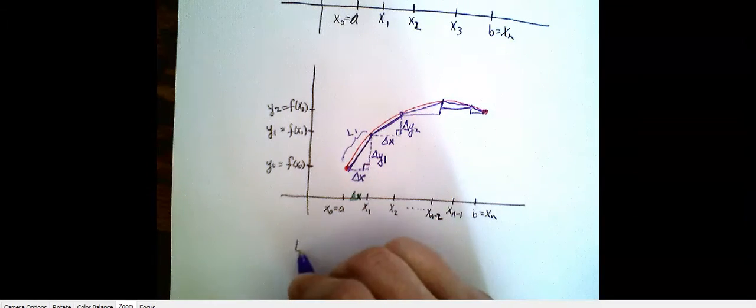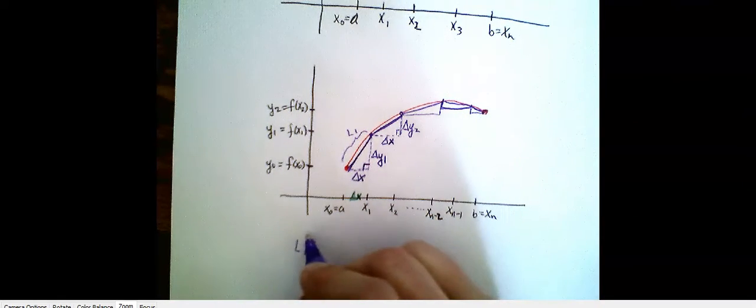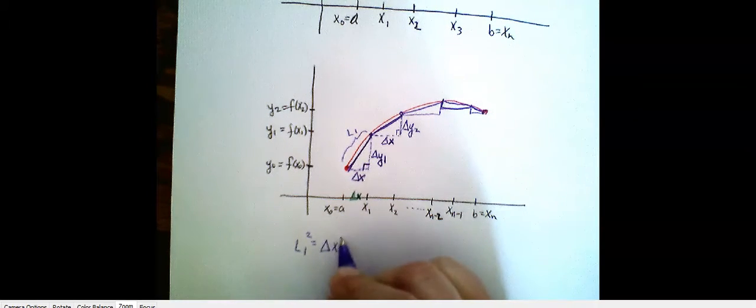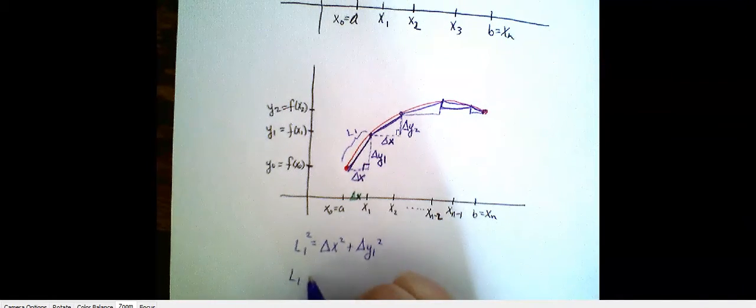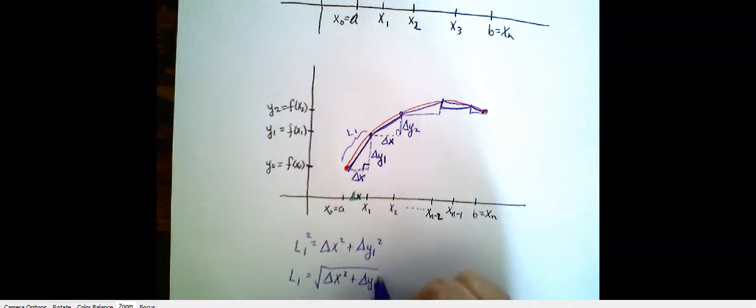So length 1 squared would be delta x squared plus delta y1 squared, or L1 equals the square root of delta x squared plus delta y1 squared.